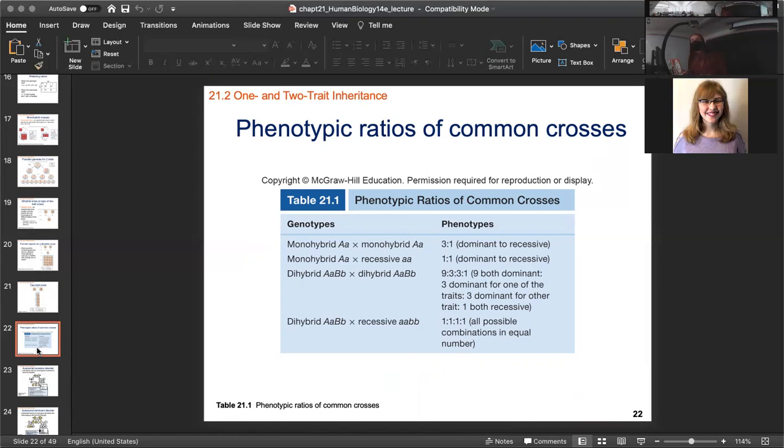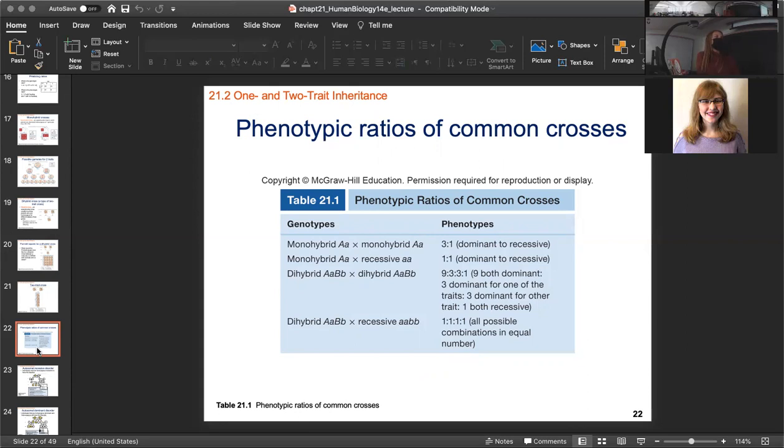So when a monoheterozygous and a monoheterozygous go together, it's always going to be a 3-to-1 dominant ratio, if you like to recognize patterns. If a monohybrid heterozygous and a recessive homozygous come together, it's always a 1-to-1 ratio for dominant to recessive. Dihybrid is where we have 2 traits.